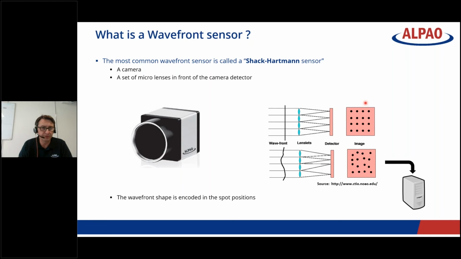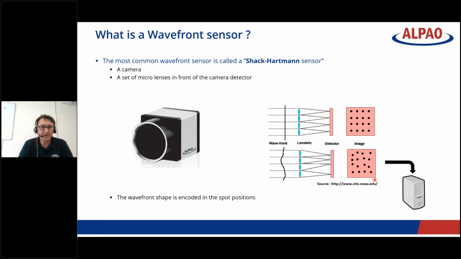If the wavefront is flat, this is a perfect position, then every lens will focus the light on a little spot, and the image will be a grid of little spots, very well aligned, a very accurate grid. If the wavefront is not flat, each lens will produce a spot that is a bit shifted, and the image will still be a set of spots, but they will move.